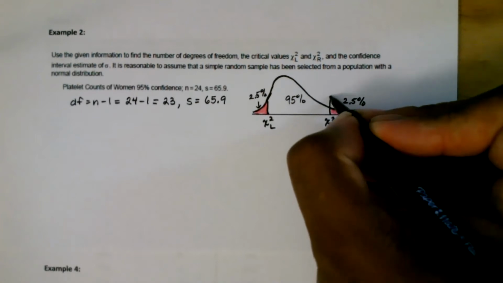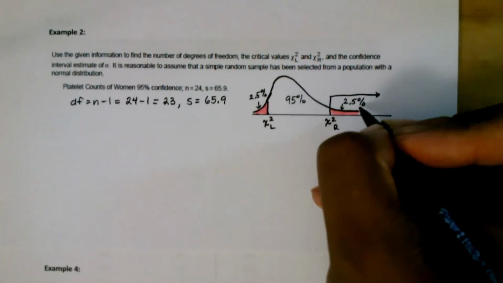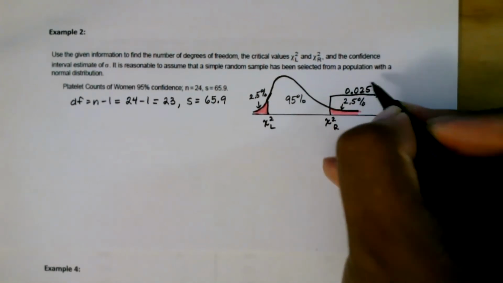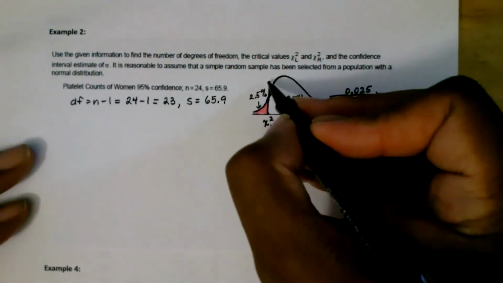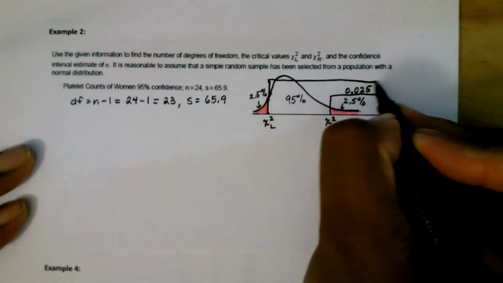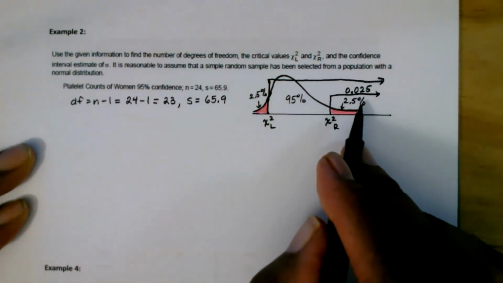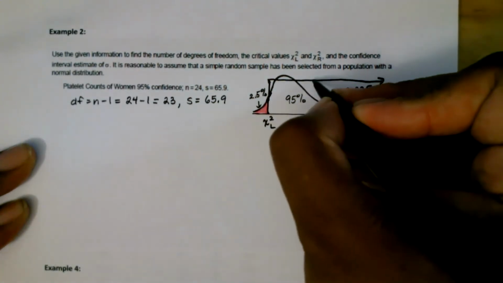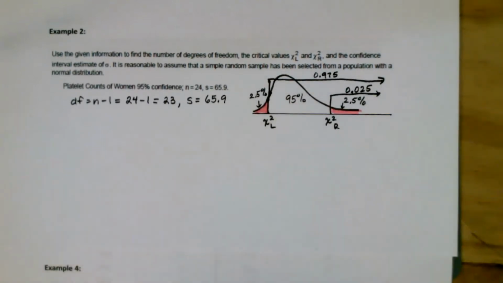So if I want the chi-square value on the right, that is 2.5% or 0.025. And for the chi-square value on the left, I have to include the 95% and the 2.5%, which gives me 97.5% or 0.975 as a decimal.